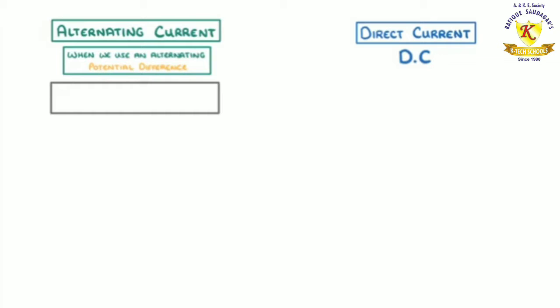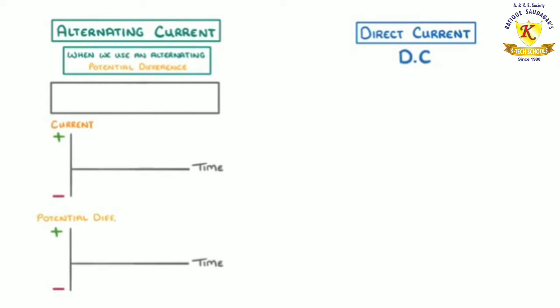We get this alternating current when we use an alternating potential difference or alternating voltage. So it fluctuates between positive and negative. We can see this if we measure the potential difference or current over time.